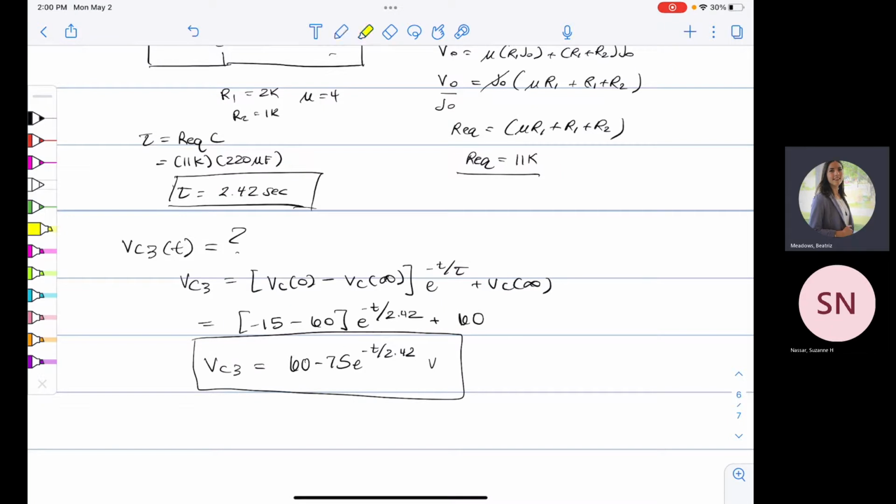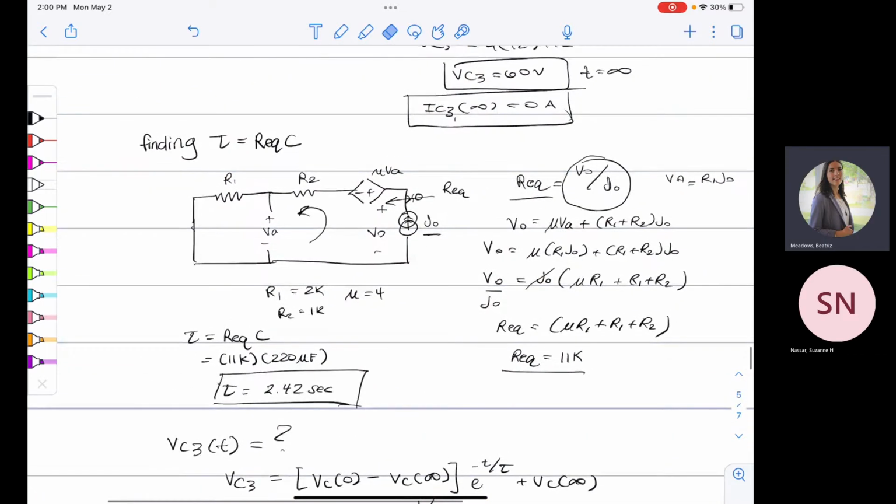I will say this is a little harder. The trickiest part about the one Suzanne just did was the dependent source, because if there wasn't a dependent source, then your R equivalent would have been much easier. On the next one you'll see, your R equivalent is simply R1 plus R2, because there are two R's in series.